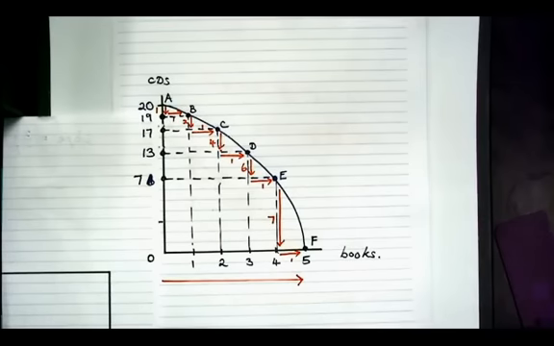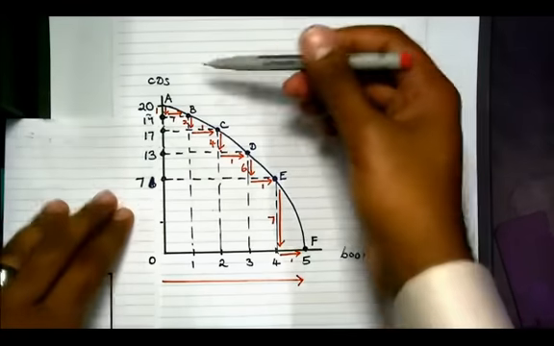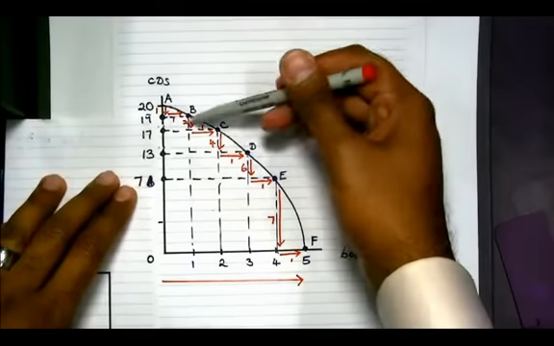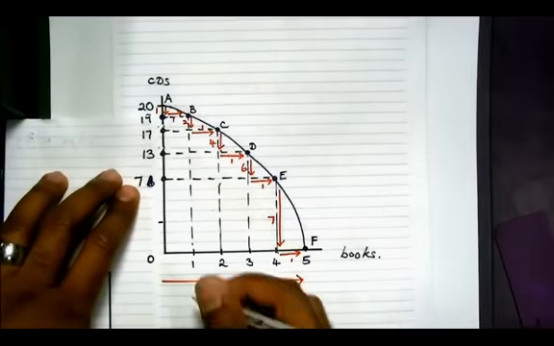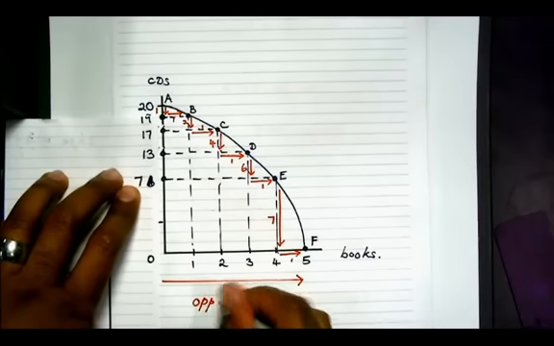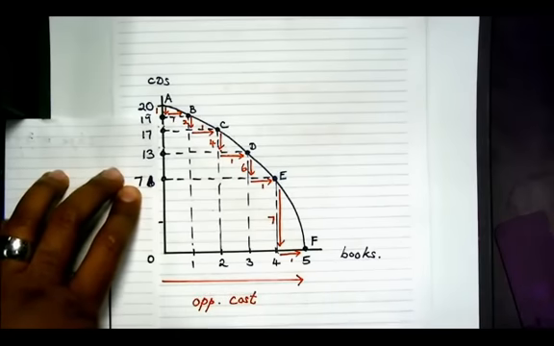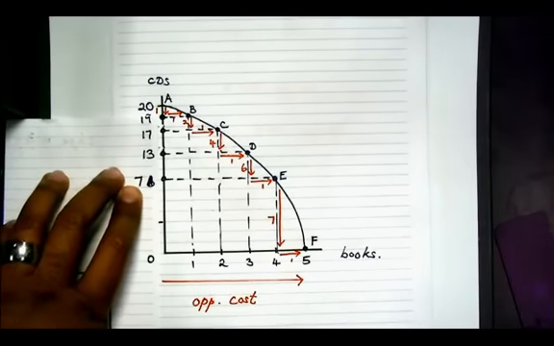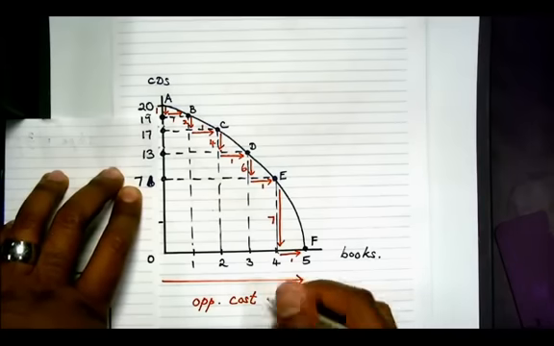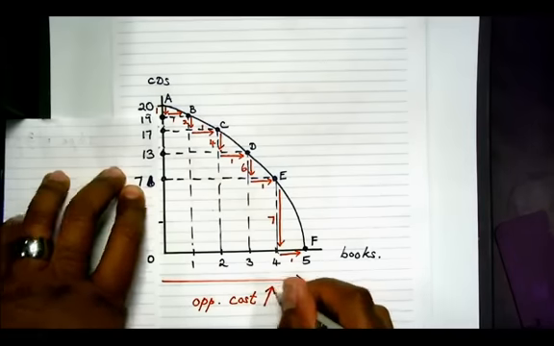But in this graph, the opportunity cost of an extra book is not always 3. It goes 1, 2, 4, 6, 7. As you go from left to right, the opportunity cost is always going up.